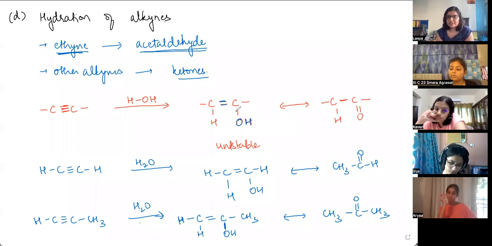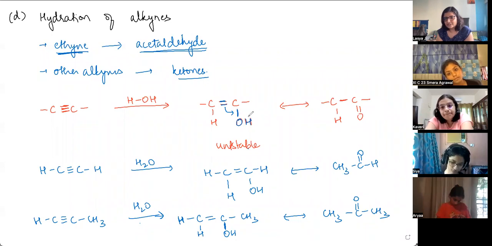So what happens is the oxygen pulls on these electrons. These electrons basically migrate over here, and when this lets go of hydrogen, this hydrogen gets bonded to this particular carbon. So basically, there's a rearrangement of the bonds, and this tautomerizes into the ketone form.